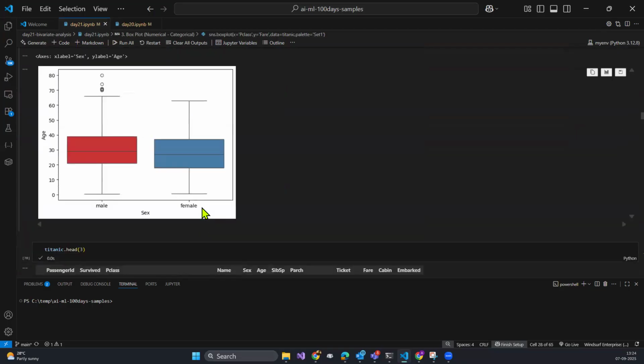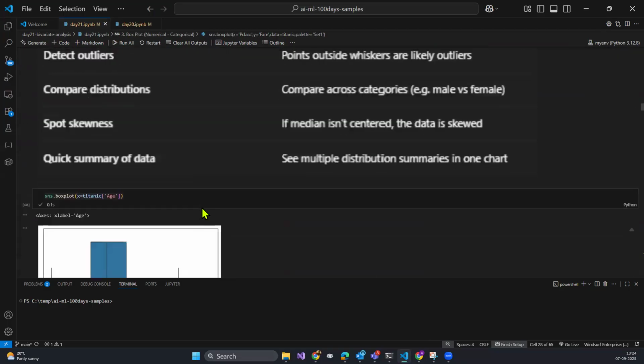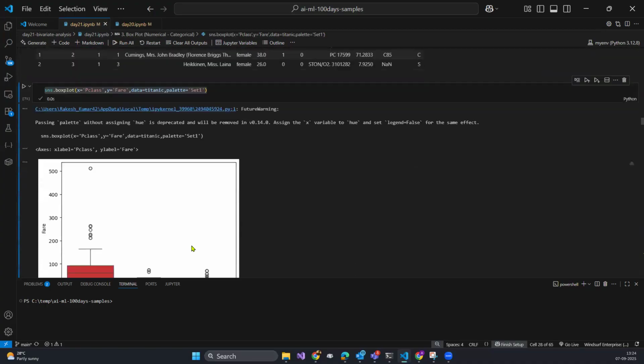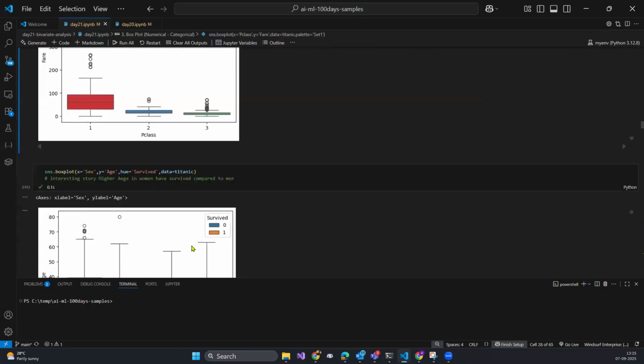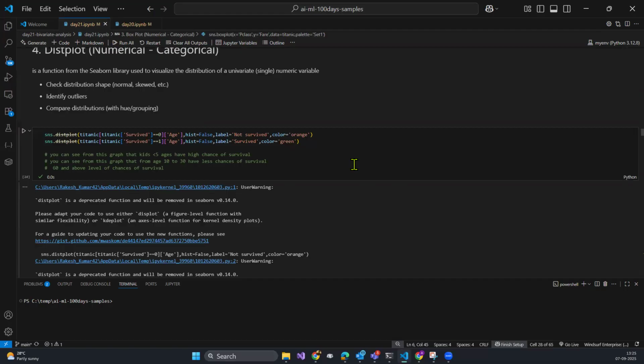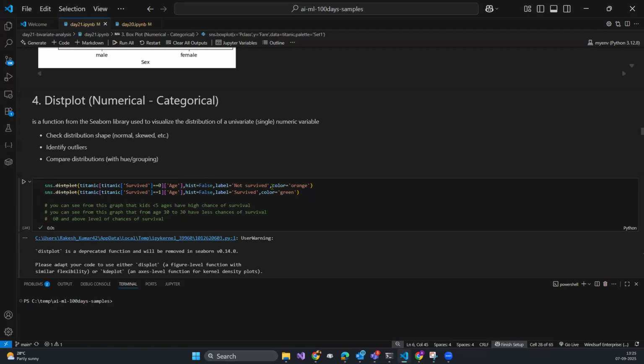So we were having this one numerical categorical box plot, and similarly we can have a numerical categorical distribution visualization with this plot. Mostly this plot is getting deprecated, but this is one of the Seaborn library plots to visualize the distribution of univariate or numerical data, right?